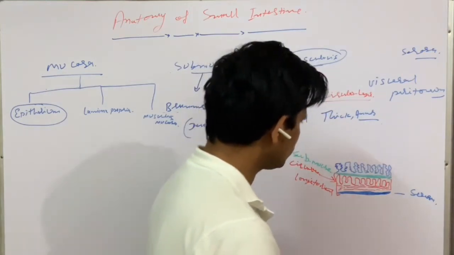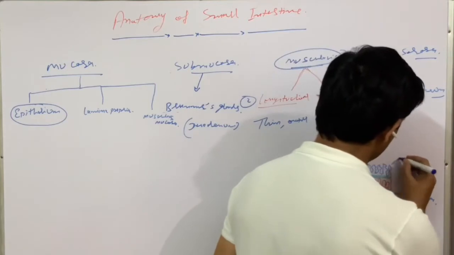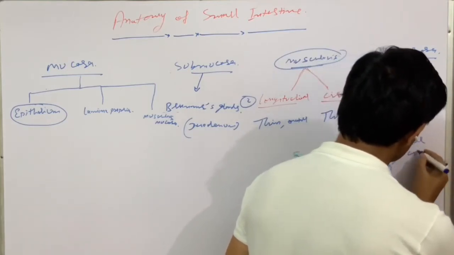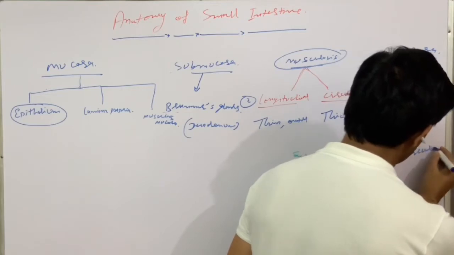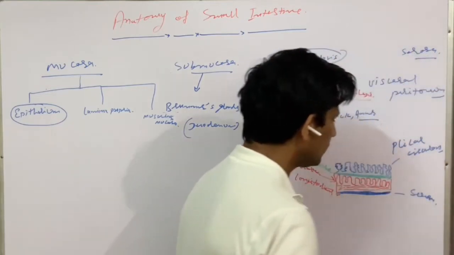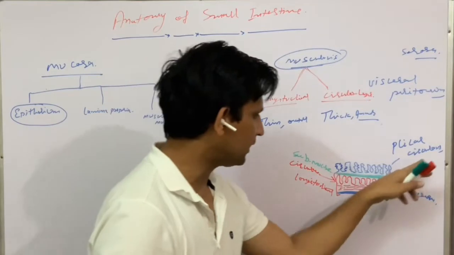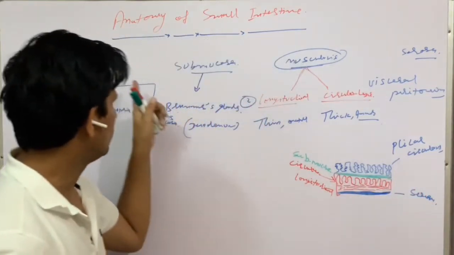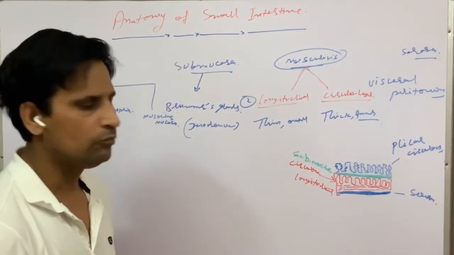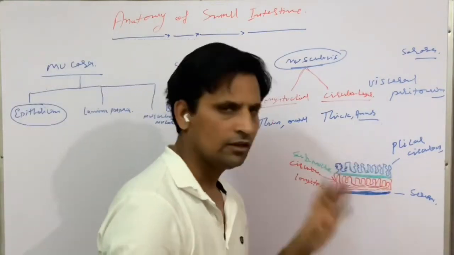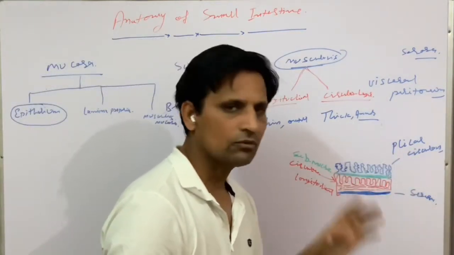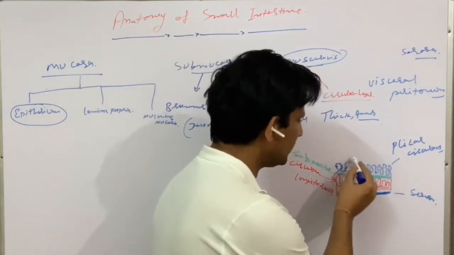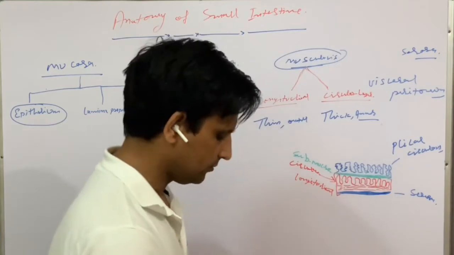These circular folds are known as the plicae circularis. So what are the plicae circularis? They are the circular folds of the mucosal layer of the small intestine, and they increase the surface area of the lumen, right?